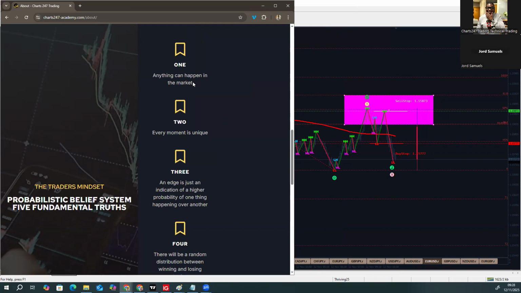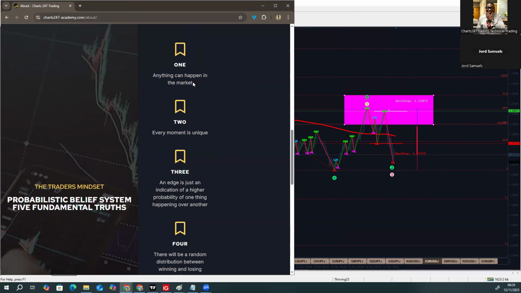Now, I have to say to myself, with this trade, anything can still happen. This trade can be a winner. This trade can be a loser. That is not in my control because I have accepted the risk. I know how much I'm risking on this trade. I'm risking 6 pips. But if this trade is a winner, I'm going to be winning 21 pips.